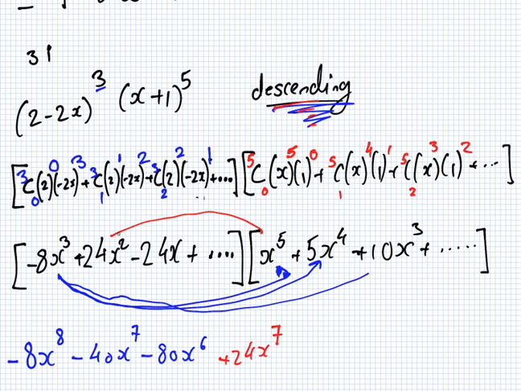And then multiply the next one. Oh, sorry. Yeah, multiply the next one, isn't it? That is plus 120x^6. And then lastly, this one here, multiply the last one here, so that's minus 240x cubed.